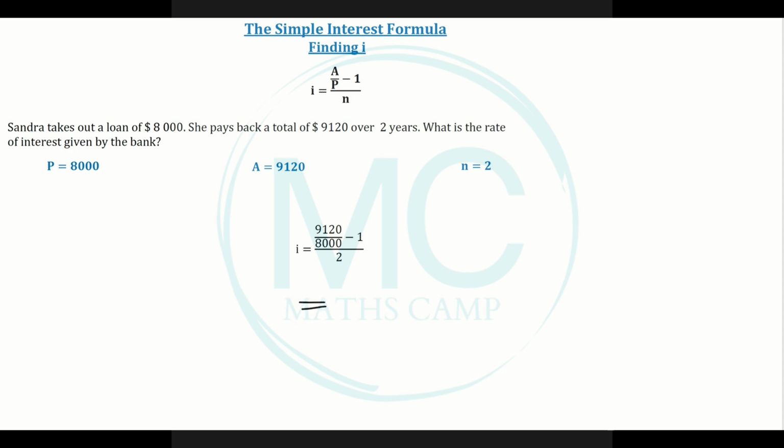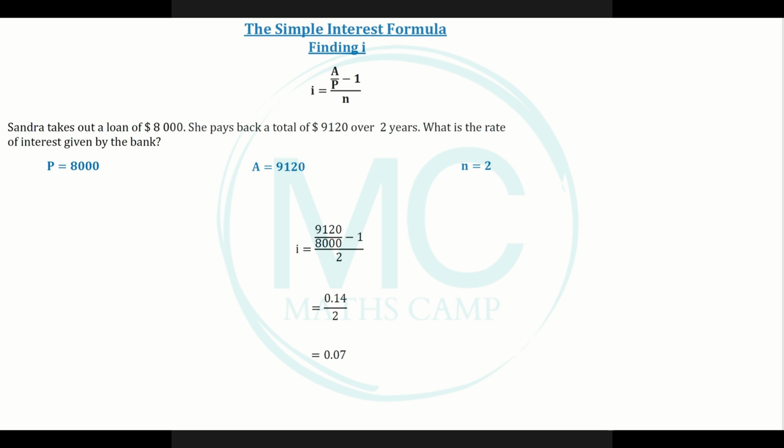Let's subtract the 1 and we get 0.14. And we're going to divide this by 2. 0.14 divided by 2 gives us 0.07. It's the value of I.